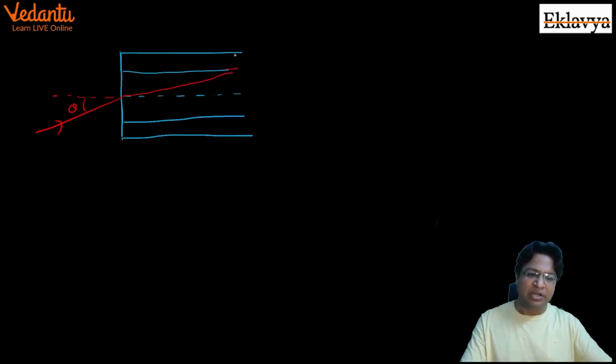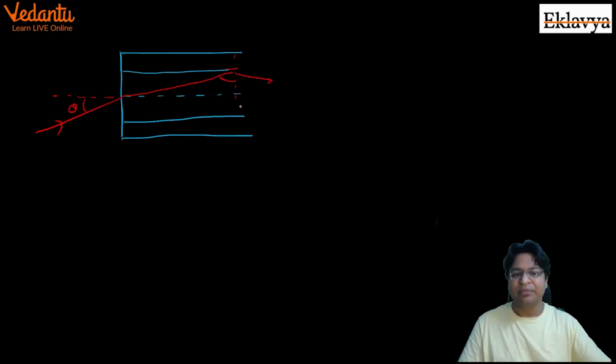And here we would want this angle to be greater than the critical angle, only then it will undergo TIR. So if this angle is i, we want i to be greater than the critical angle. This angle would be 90 minus i, because this is 90 degrees.